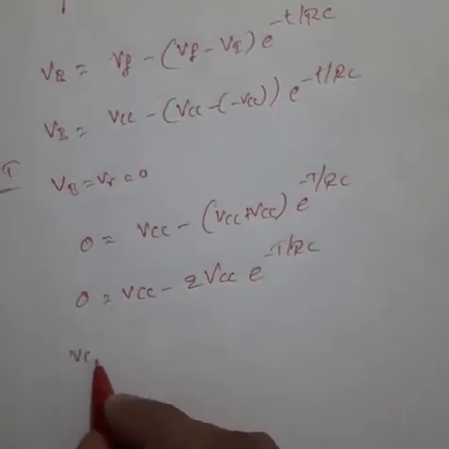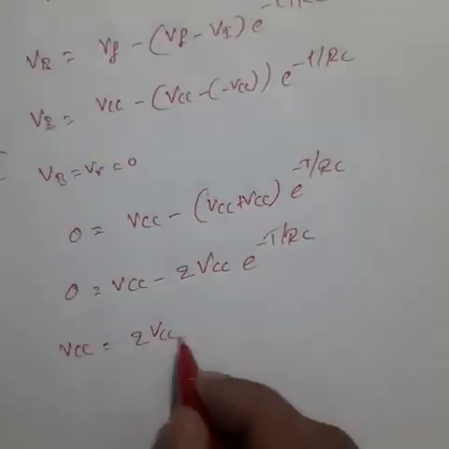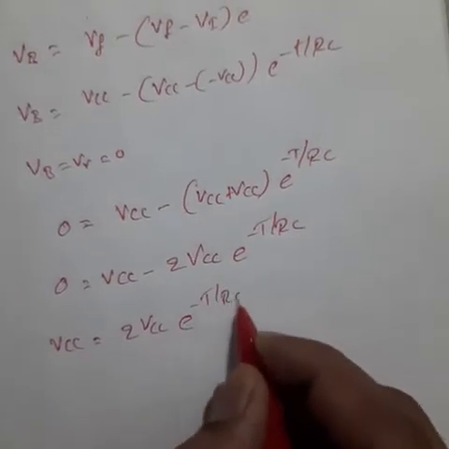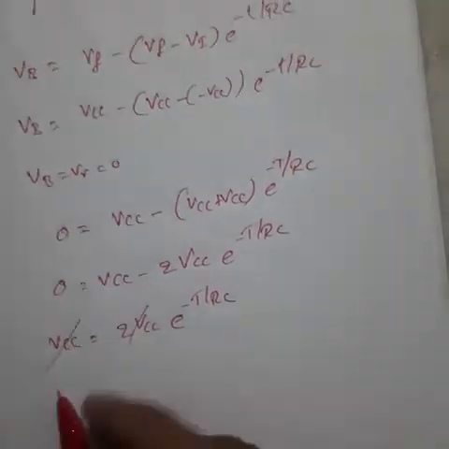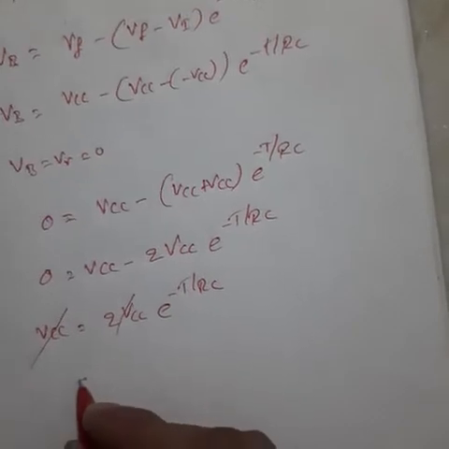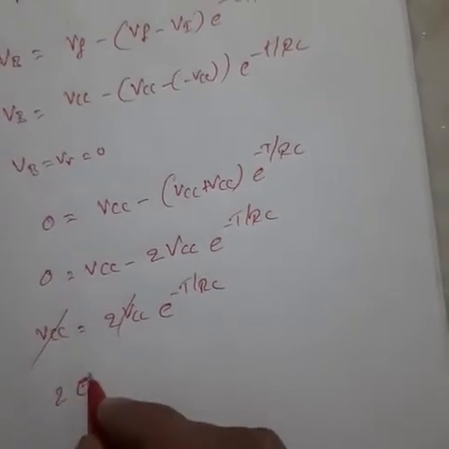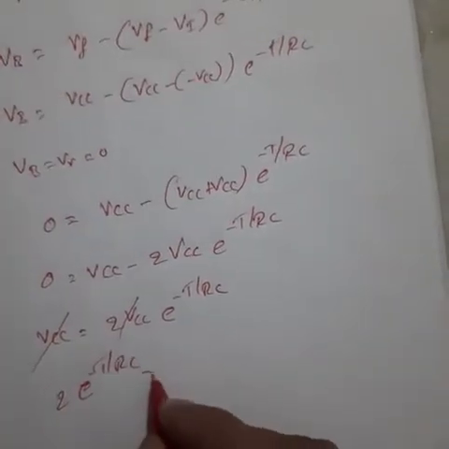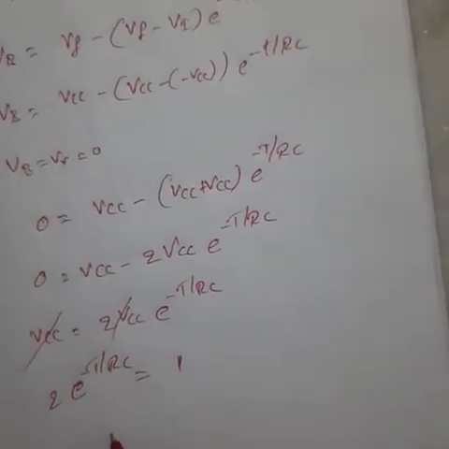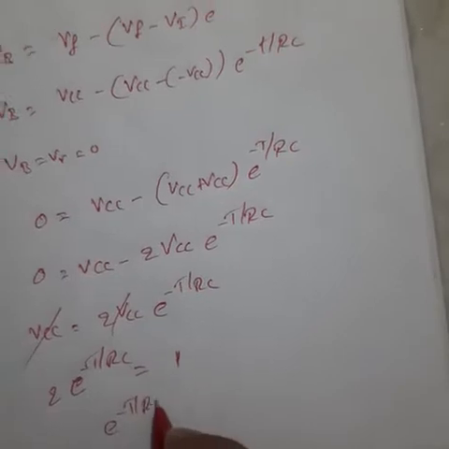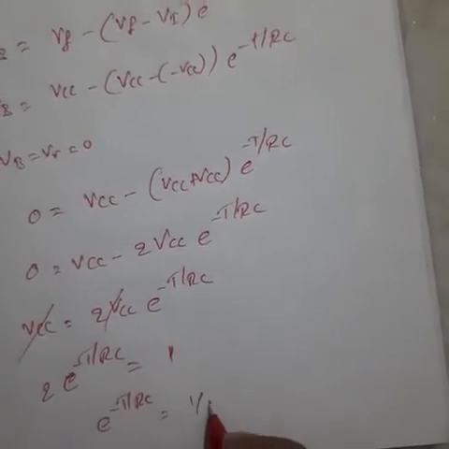Then VCC equals 2 VCC into e power minus T by RC. VCC gets cancelled. 2 e power minus T by RC equals 1. So e power minus T by RC equals 1 by 2.